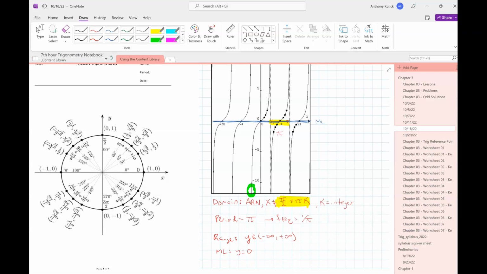The amplitude was the distance from an extreme point back to the midline, right? Do we have any extreme points in a tangent function? No, we don't, because there is no global maximum or global minimum. Oh, no. Okay, so there's no amplitude.